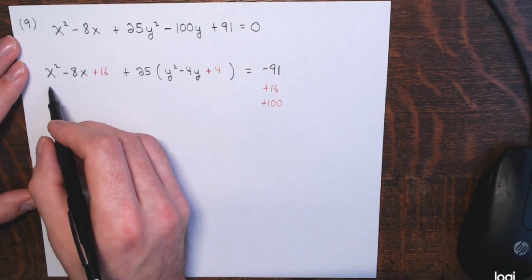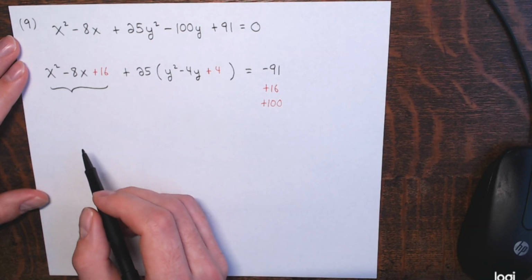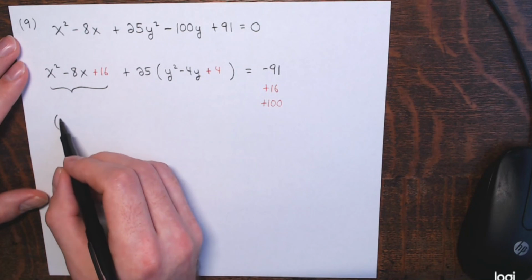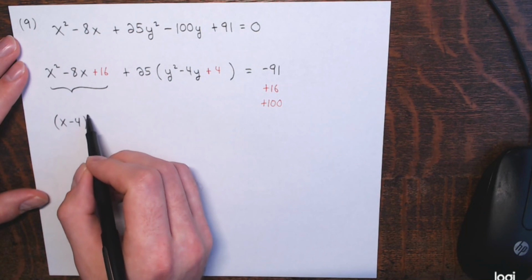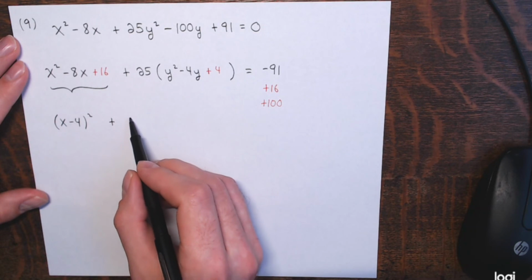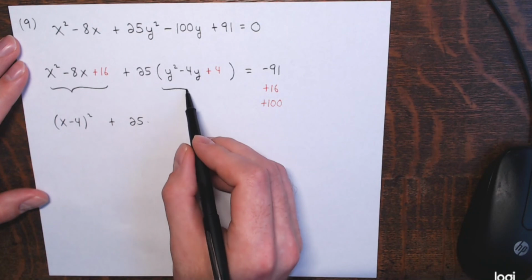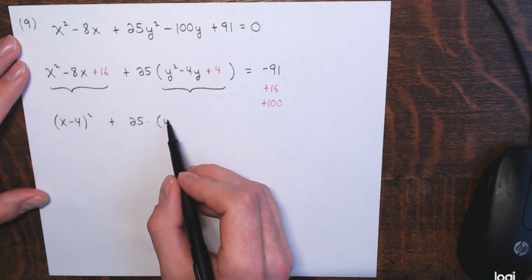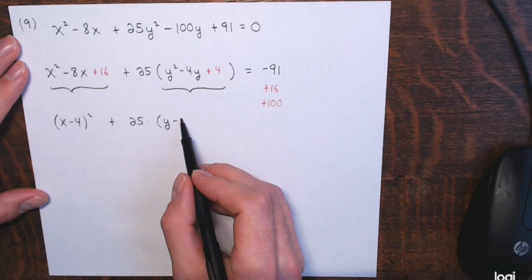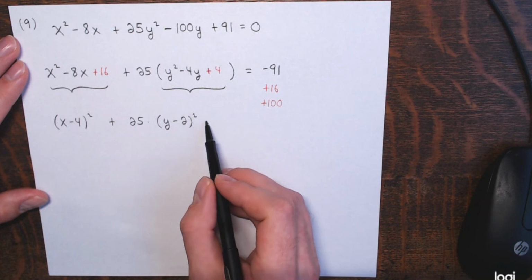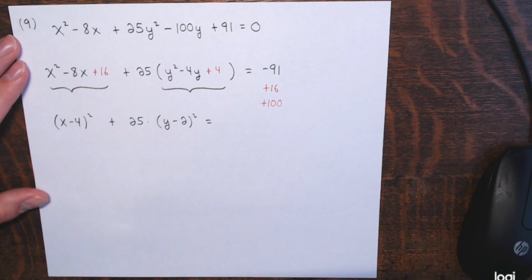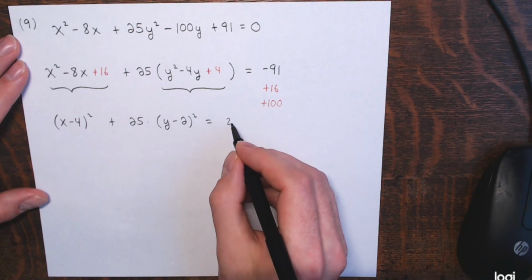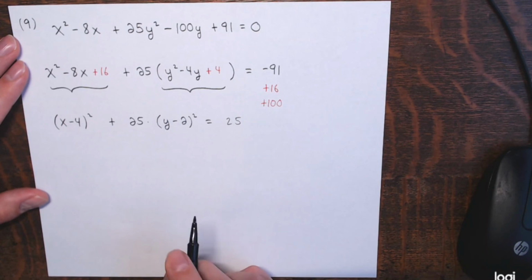Okay, so now this x squared minus 8x plus 16, that's the quantity x minus 4 squared, plus 25 times, and then this y squared minus 4y plus 4 is the quantity y minus 2 squared. And then over here we have 25, adding up all those numbers.